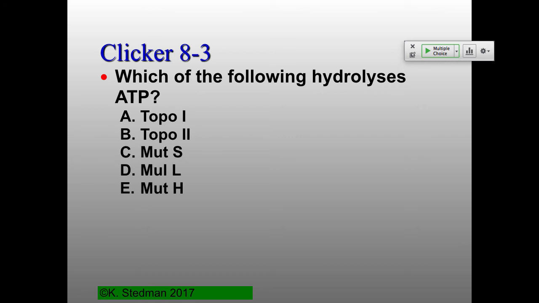Okay. Quick review for all of these things. Which of the following hydrolyzes ATP?